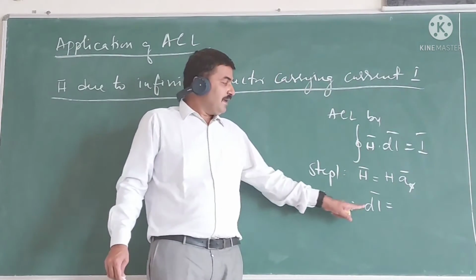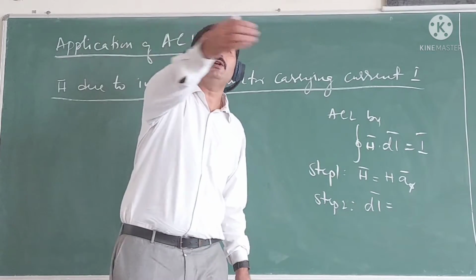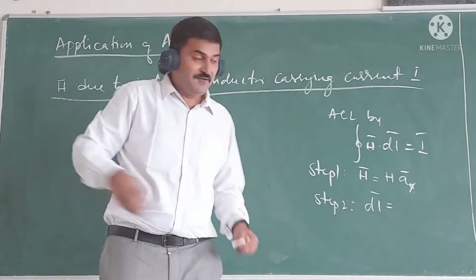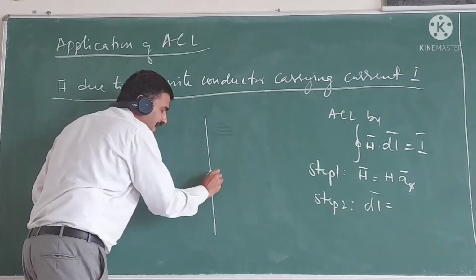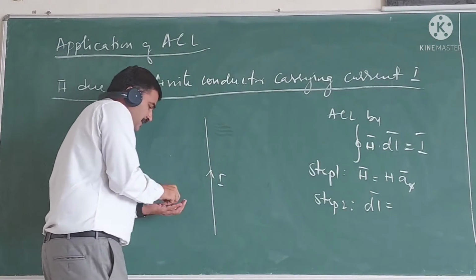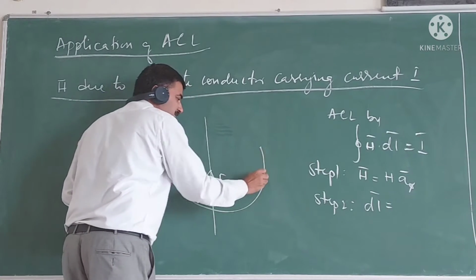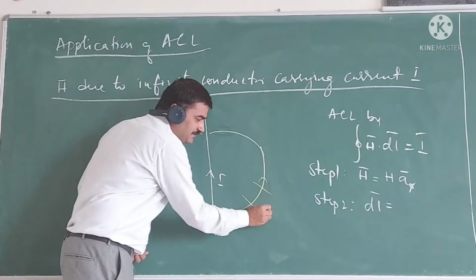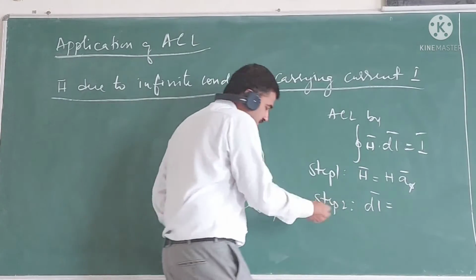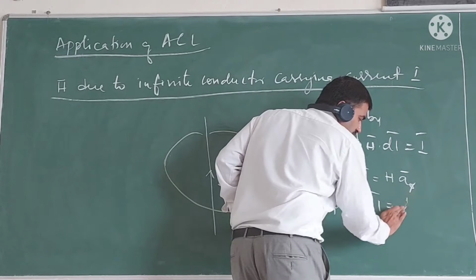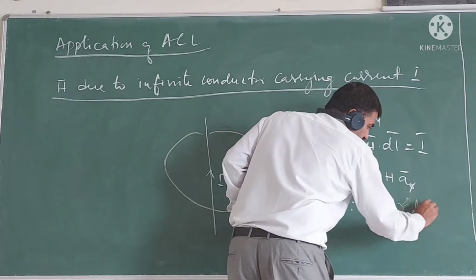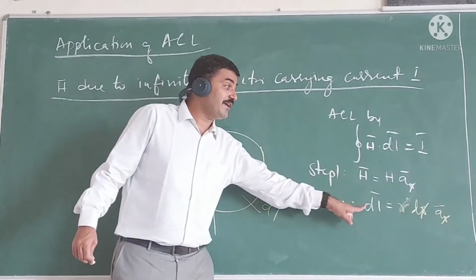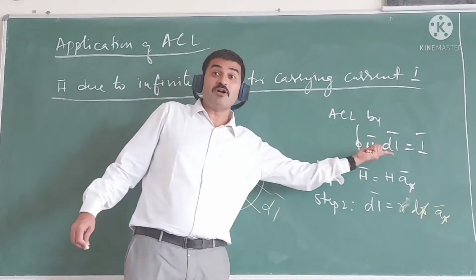dL bar is related to the direction of the magnetic field intensity. For example, this is your conductor carrying I, and the magnetic field intensity will be like this. You need to define this dL bar, which here is r d phi a phi. Usually the direction of this and this remains the same, so the dot product will exist.